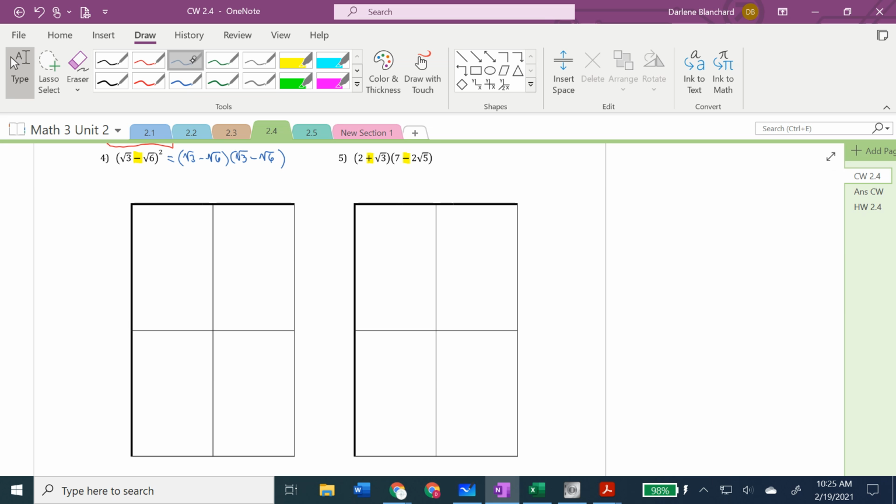And a reminder on how to do that. So I take one of them is root 3 minus root 6. The other one is root 3 minus root 6. And hopefully this is looking familiar.